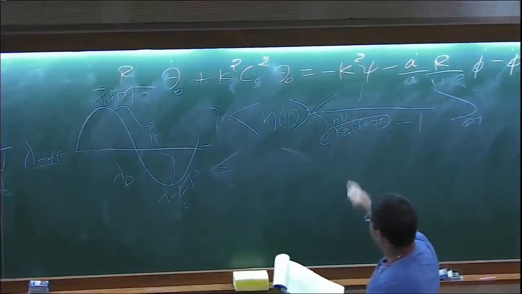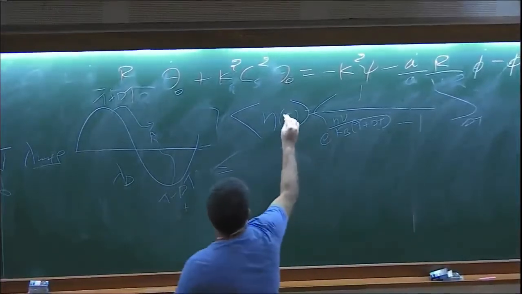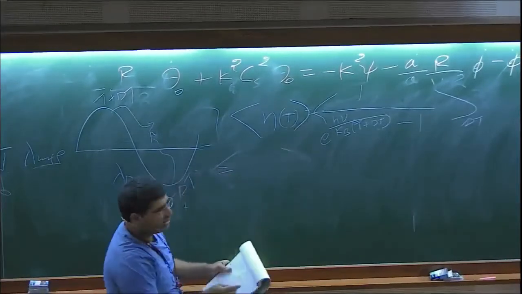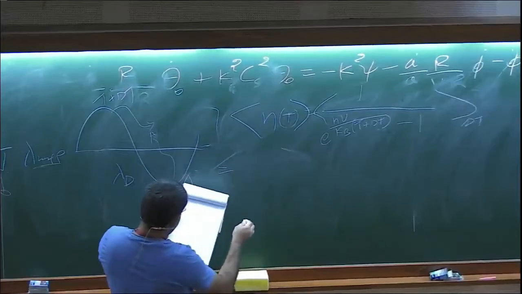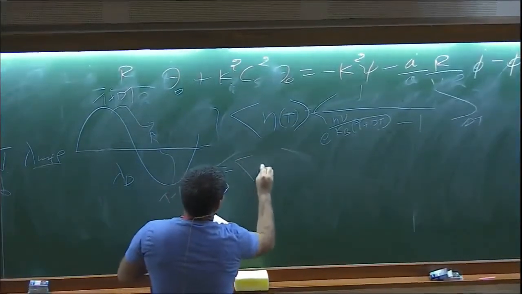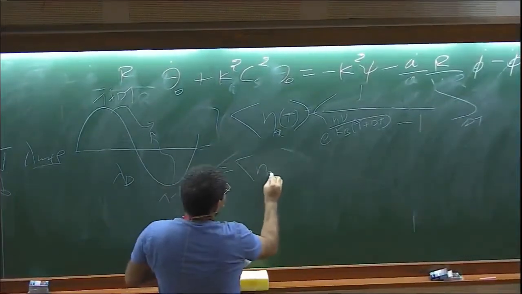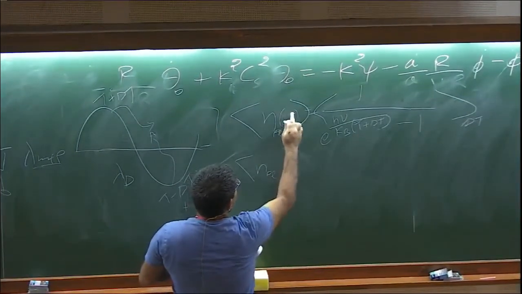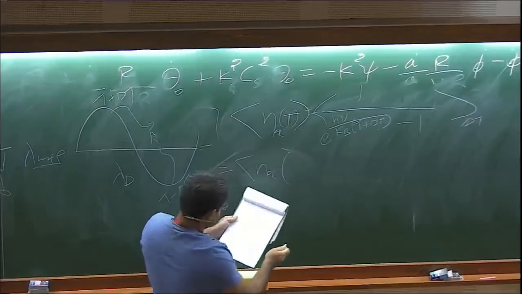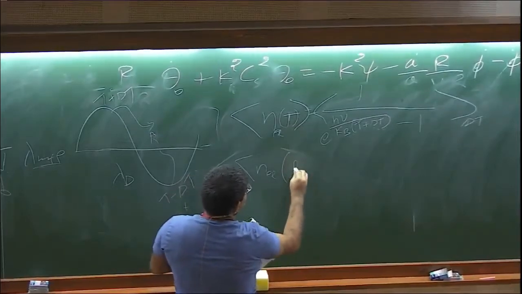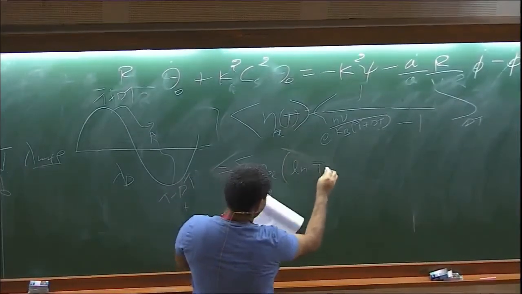Actually, the easy way to do this is to not think in terms of T, but in terms of the logarithm of T. Let us call this n Planck. This is a Planck spectrum. So the average of the Planck spectrum, let us write this in terms of the logarithm of the average temperature.